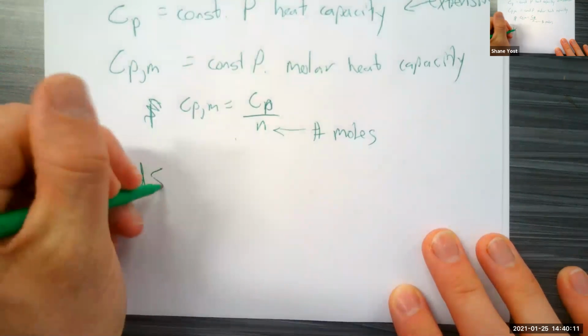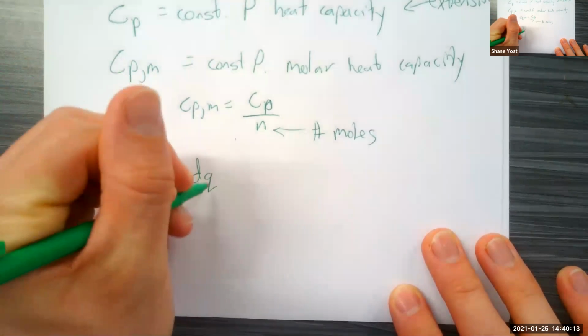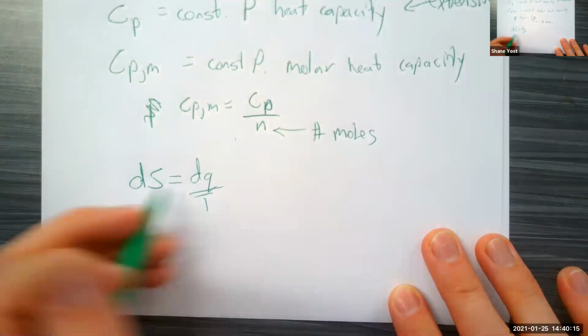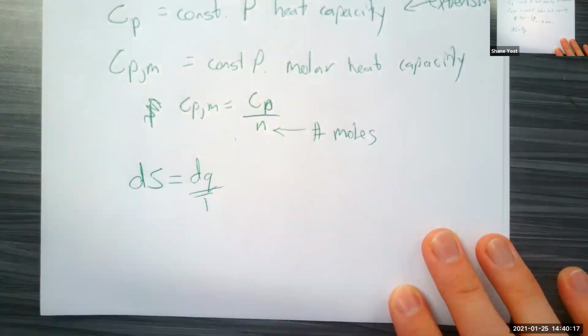But dS equals dq divided by T. This is some small infinitesimal change in entropy.